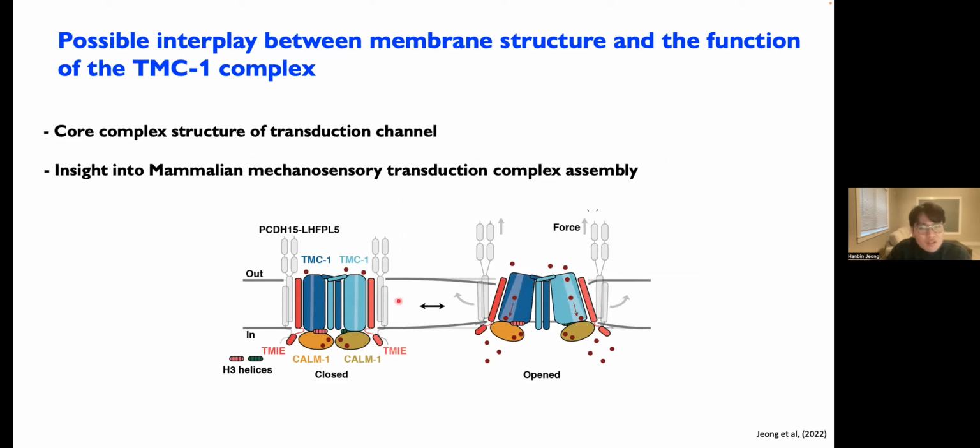There are multiple ways in which force could couple to the gating mechanism. Maybe something binds to TMIE and directly pulls the channel open, or indirectly gates the channel by thinning the membrane, generating a hydrophobic mismatch. We just don't know.